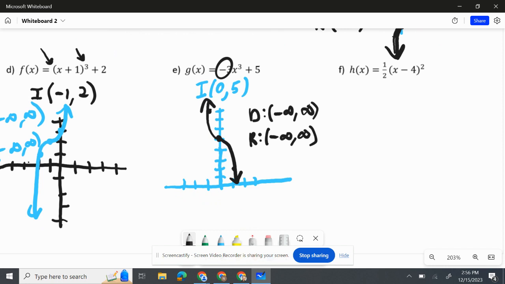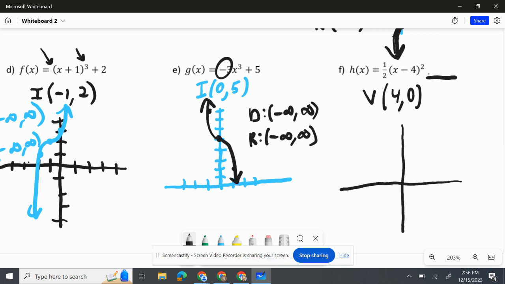For our last one, we have a quadratic because it's degree 2, and our vertex is 4, 0 because we don't have anything afterwards. When we graph this, we plot the 4, 0.